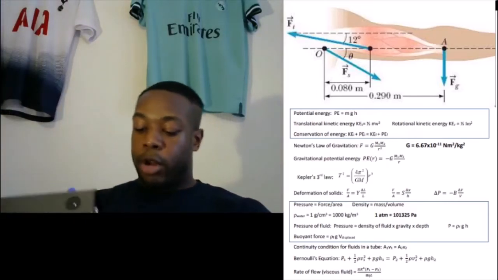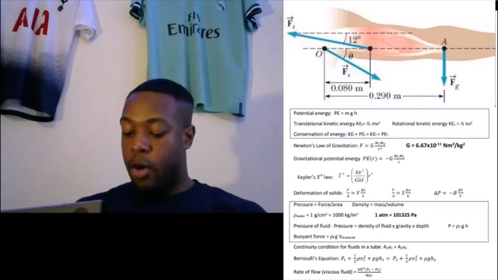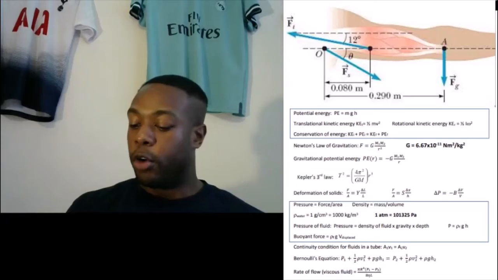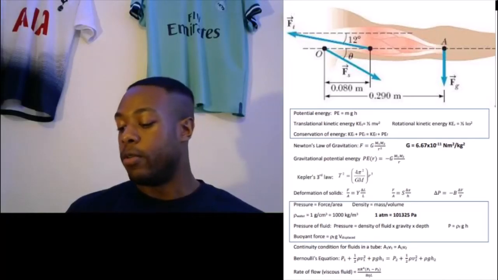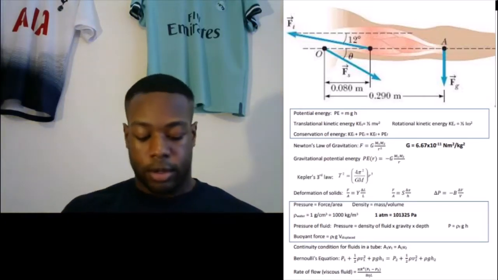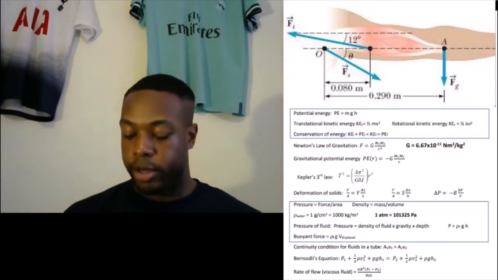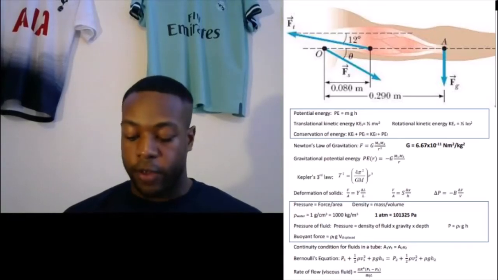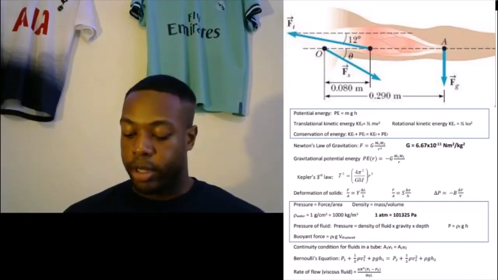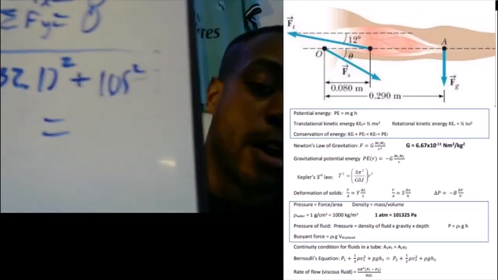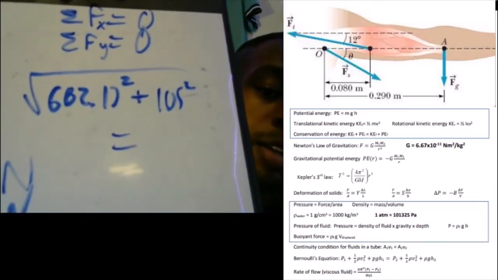So we've got the x component and the y component. With that, we could do a little Pythagorean theorem and get the full vector quantity of our force. We're going to do 682.17, which is our x component, squared, plus 105 squared, which is our y component, and the square root of both of those should give us the final value.